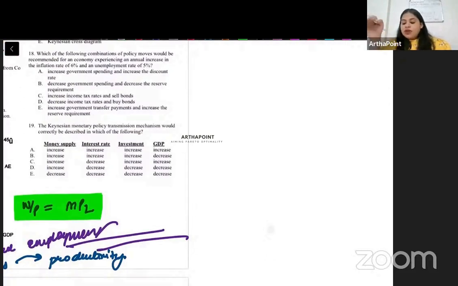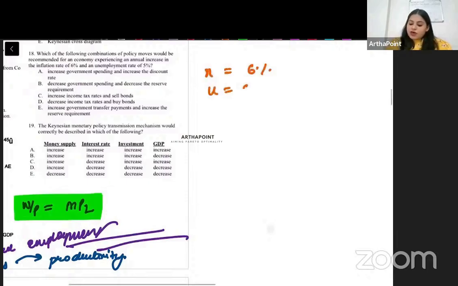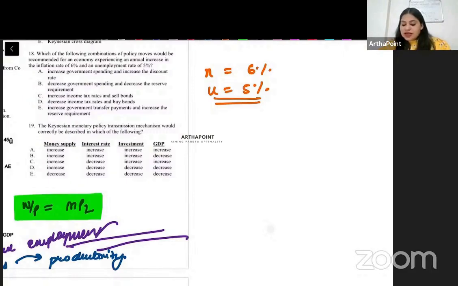Which of the following combinations of policy moves would be recommended for an economy experiencing an annual inflation rate of 6% and unemployment rate of 5%? Okay, so the first point says increase government spending and increase discount rate.